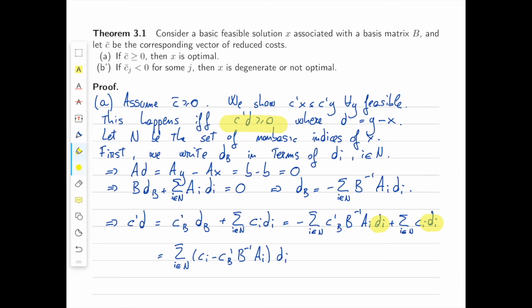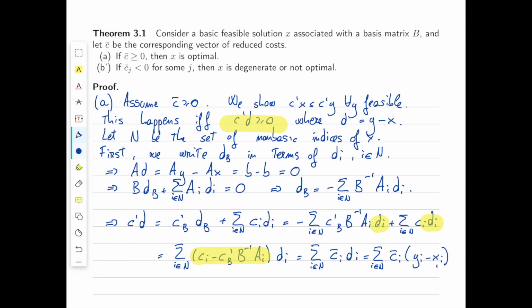And now we recognize inside the parentheses our definition of reduced costs. So this is simply the sum over i in N of c bar_i d_i. Now let's expand d_i using its definition. This is the sum over i in N of c bar_i times (y_i minus x_i).